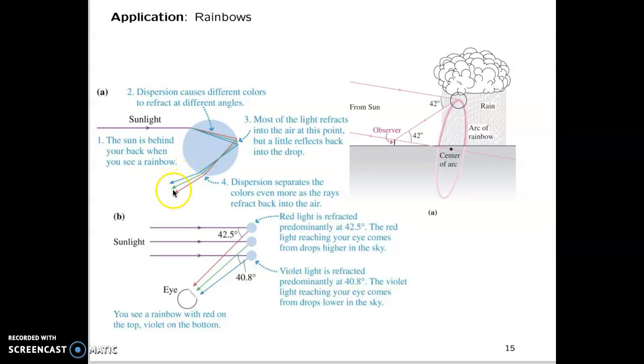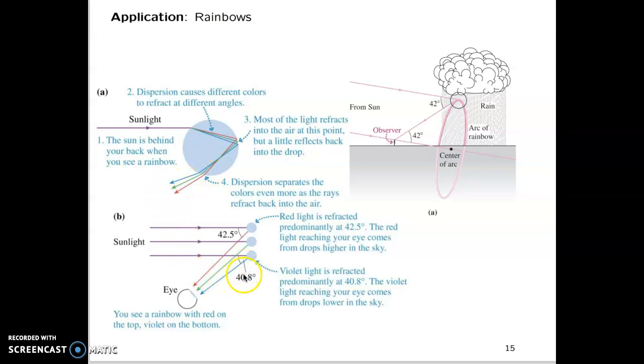But different colors are now going to trace different paths. So what that means is if sunlight is on a collection of raindrops over here, then when you look at these different angles, if you look at the somewhat smaller angle here of 40.8 degrees, you're going to be seeing light which will follow this kind of pattern that we've said, what happens to the light when it goes first inside and then back outside of the raindrop.